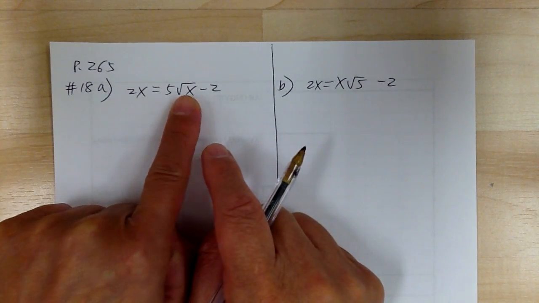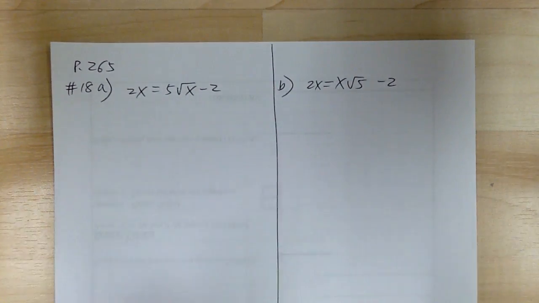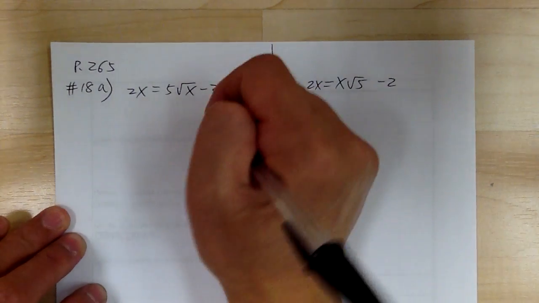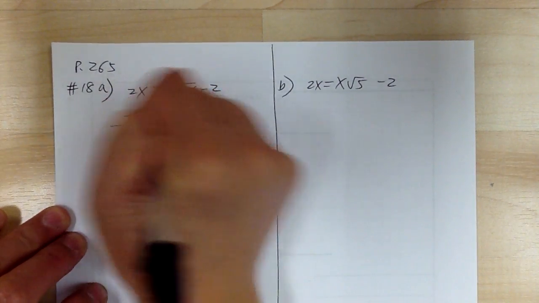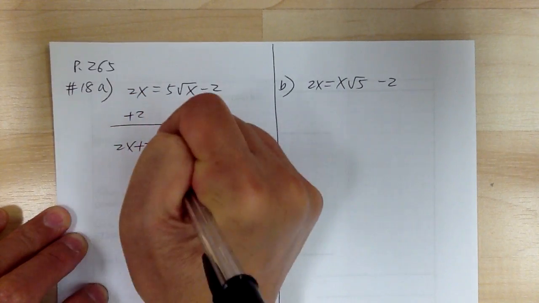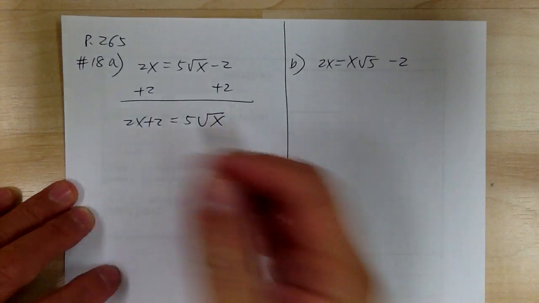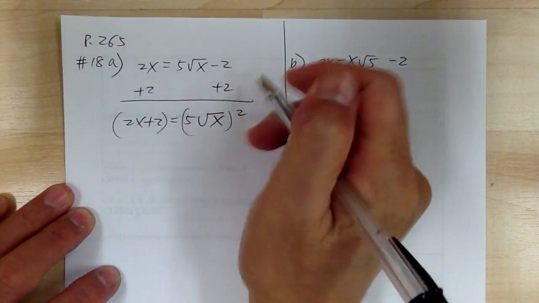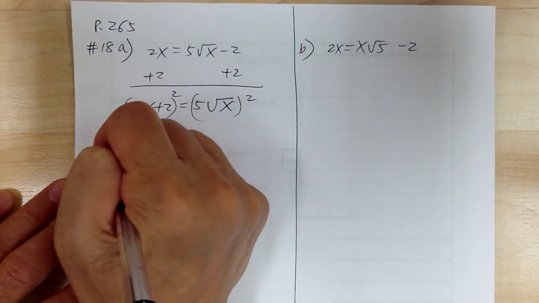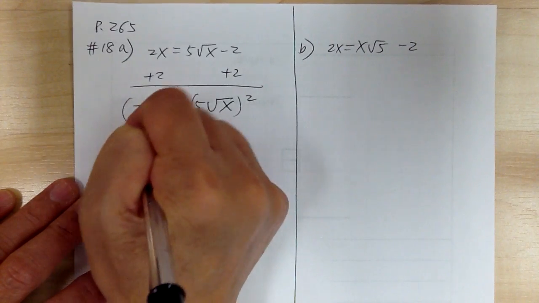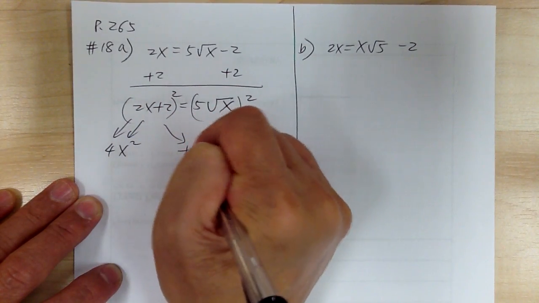Again, when the variable is inside the square root, you need to isolate it so you can square both sides to simplify. Okay, so plus 2 on both sides. So you got 2x plus 2 equal to 5 square root of x. Then you square both sides. Okay, so you're going to get 4x squared, right? Square, square, square.